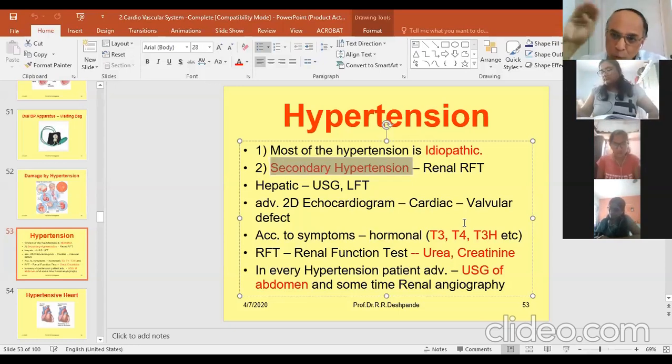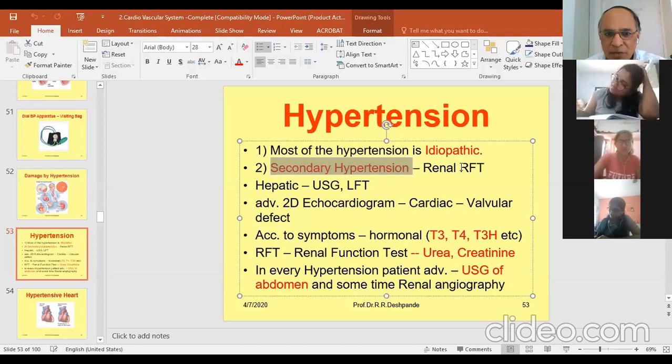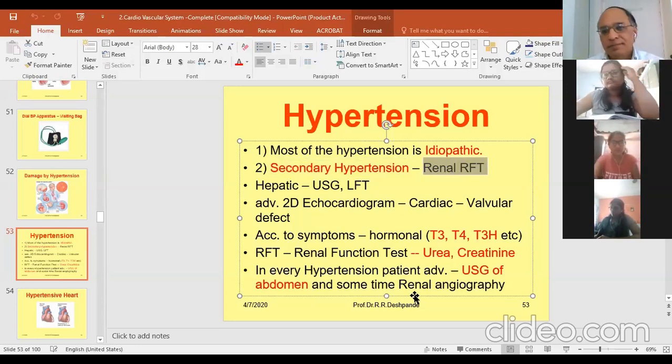Secondary means the root cause is something different. For example, here you can see there is a problem in the kidney. Kidney vessels are blocked. Like coronary artery blockage, there can be renal artery blockage, renal artery stenosis, that can be detected again by sonography or angiography.